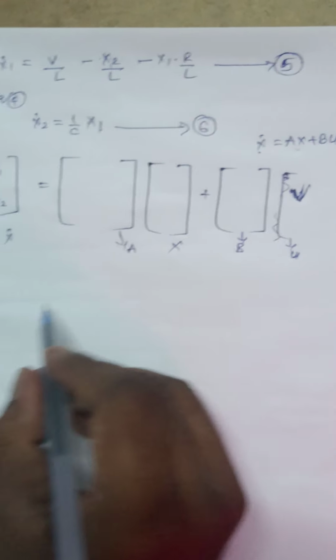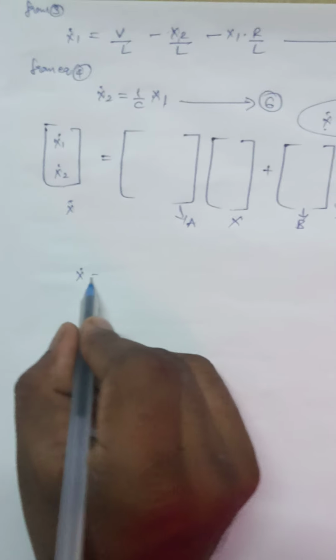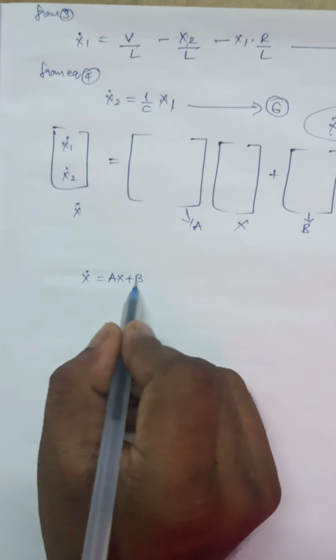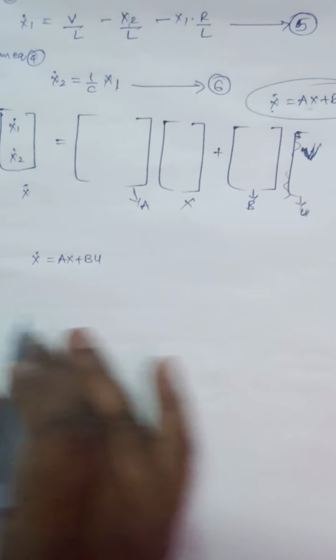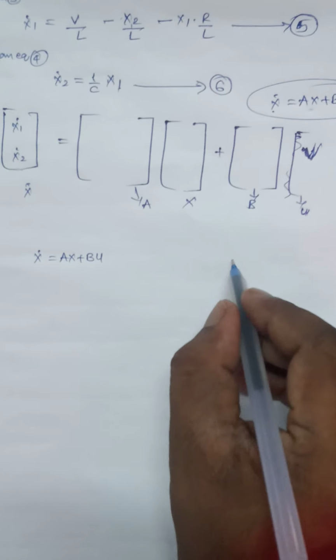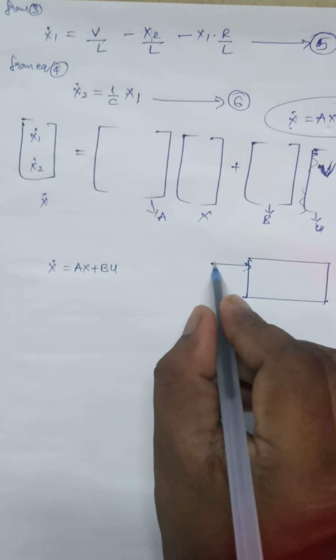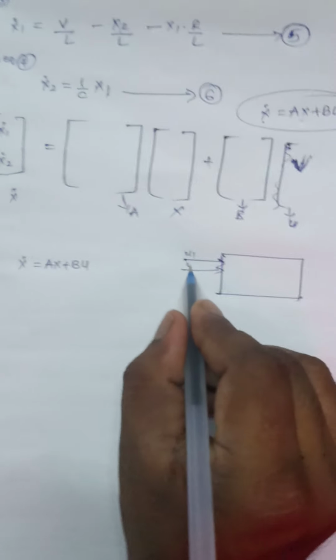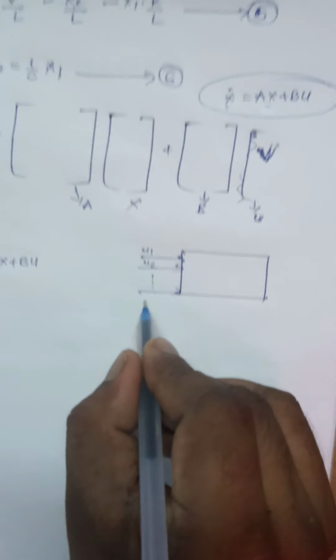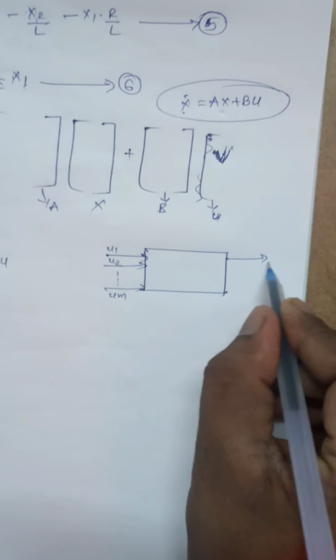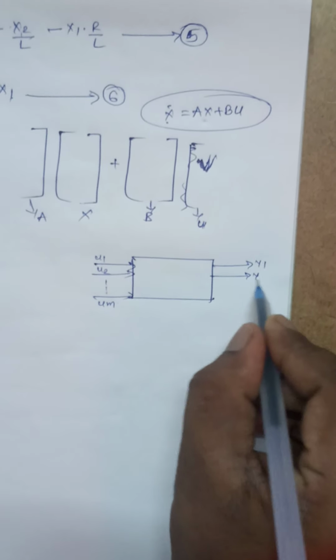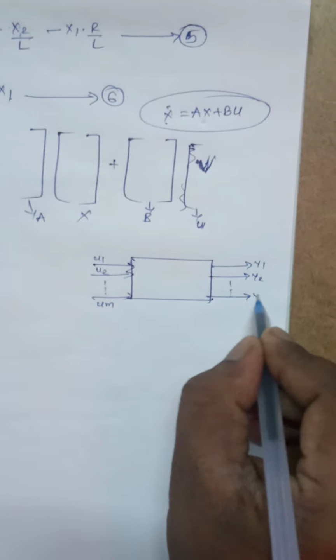Okay, so I forgot to say one thing here in this state model. In this, X dot is equal to AX plus BU, for a particular system. Just now we already discussed this system. The system is having multiple inputs U1, U2, up to UM, and the outputs are Y1, Y2, up to YP.